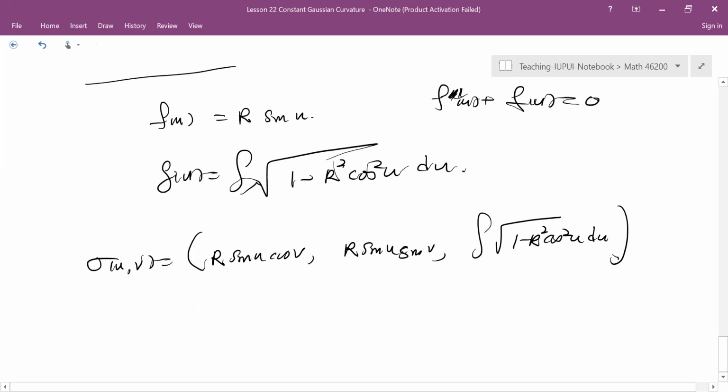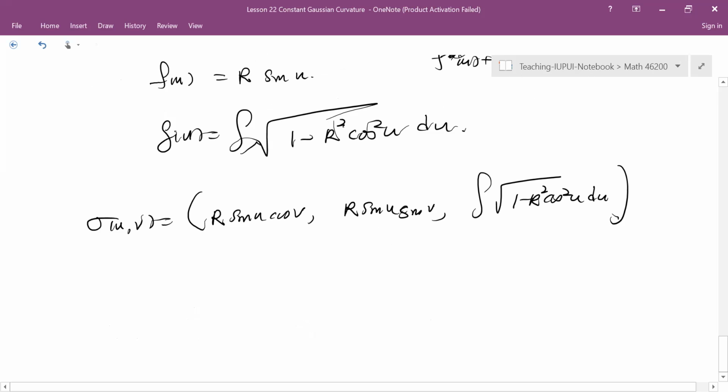It has constant curvature, but we cannot use elementary functions. It has constant curvature 1.